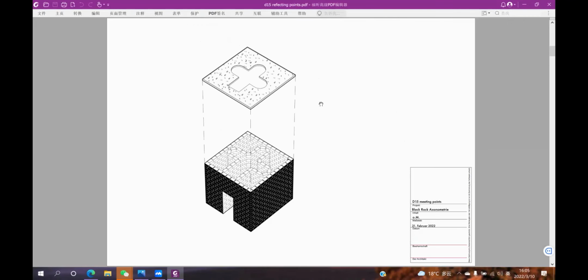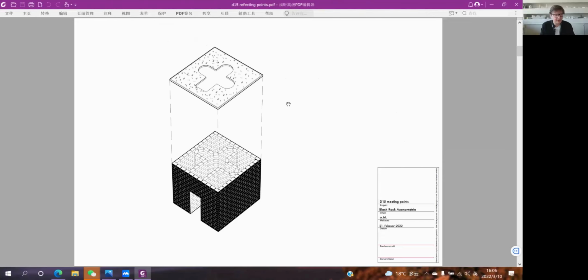The Black Rock is made out of coal. So in fact, I mean, it's ironic, but we call it coal museum.